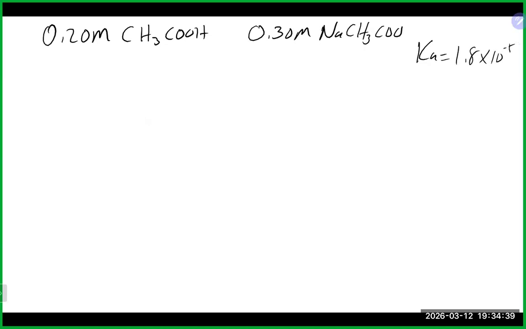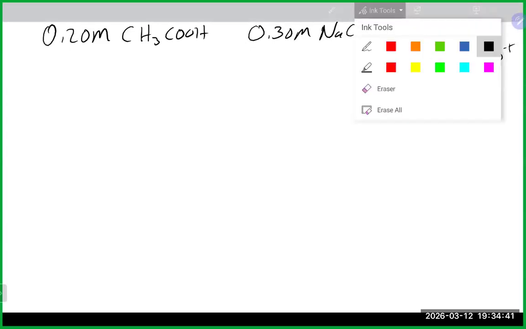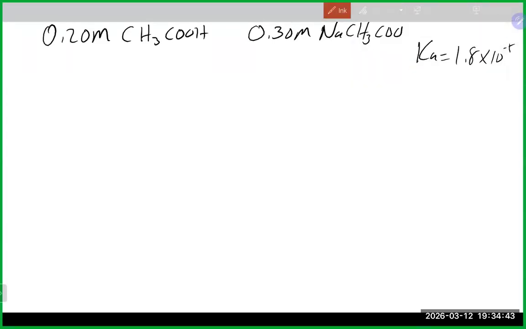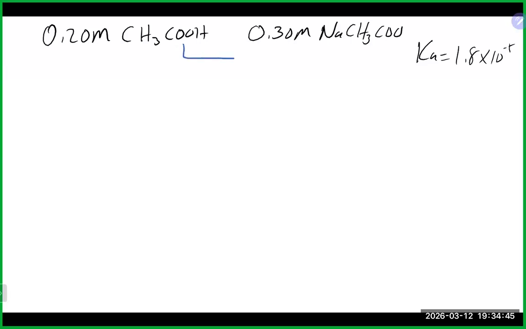Now, the first thing that you really want to know is, are these two things related to each other? And the relationship we're looking for really to help you know, should you use that equation or not, is really the Bronsted-Lowry definition, which is in order for something to be related to each other, the only difference is a 1 H plus, right?